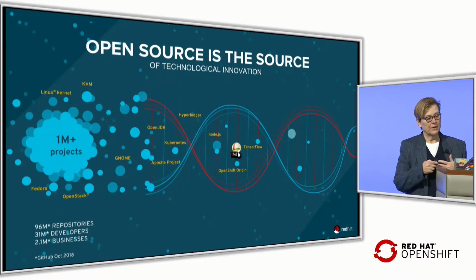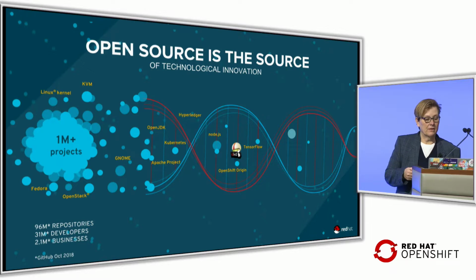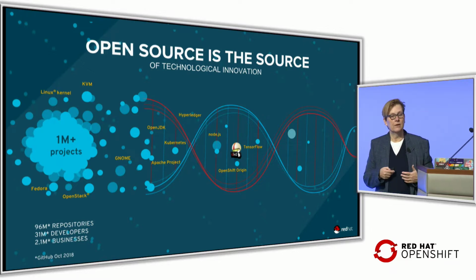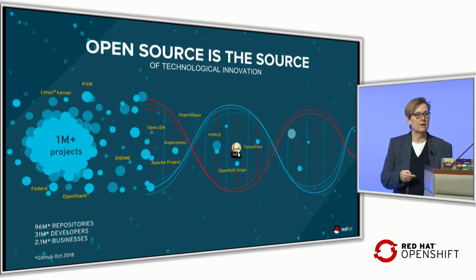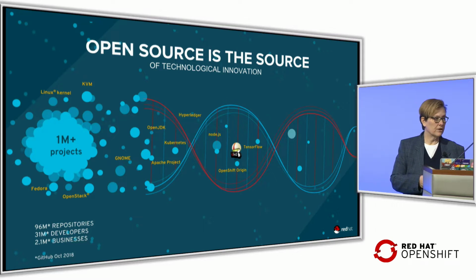As we've got pretty much everybody in the room that's coming, I'm just going to talk a little bit about Red Hat's perspective on open source, that it is indeed the source of all the innovation that happens at Red Hat and in your organizations. In GitHub, there's over 1 million projects right now, and there's a lot of Red Hatters working on tons of those. The project that I work on specifically is OpenShift and the OpenShift open source side of things, which has been renamed.